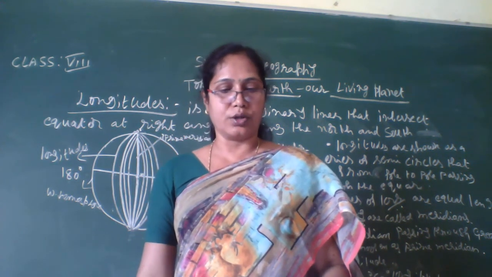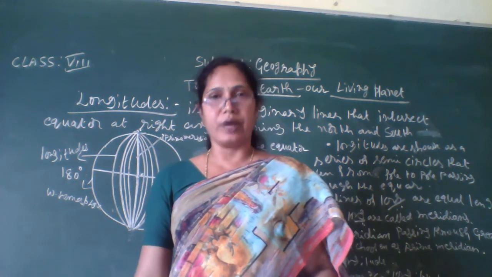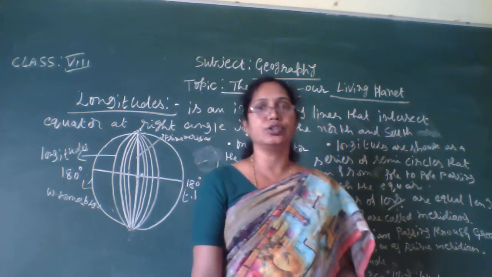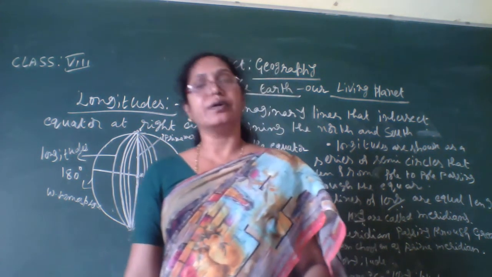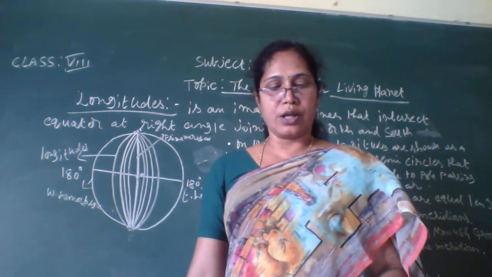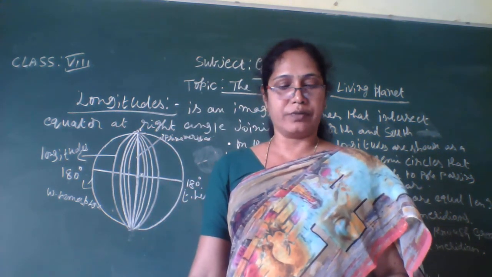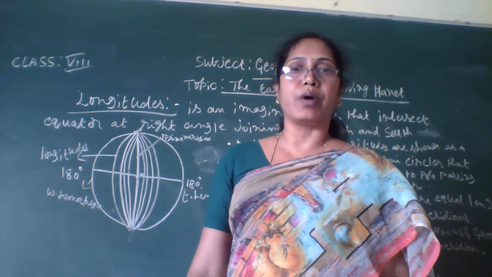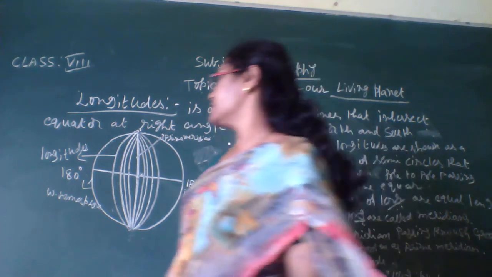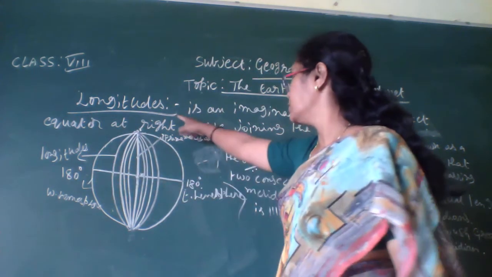Including the equator, there are totally 181 latitudes on the globe. The ground distance between 2 degrees of latitude is 110.4 kilometers.